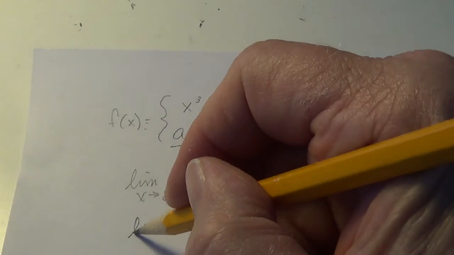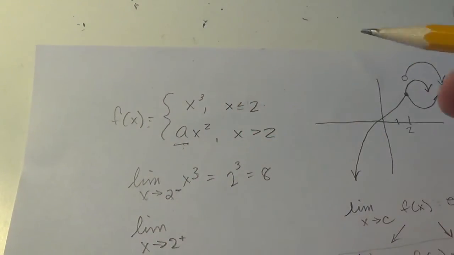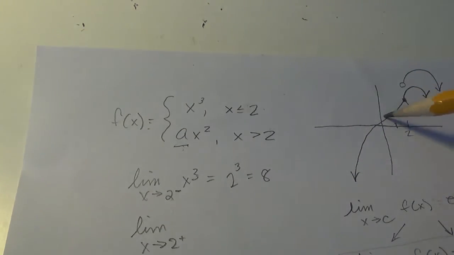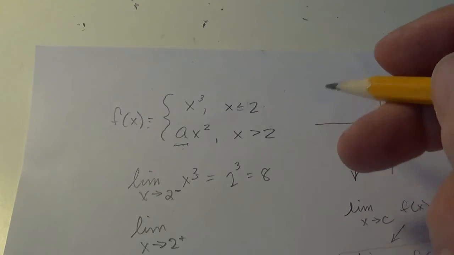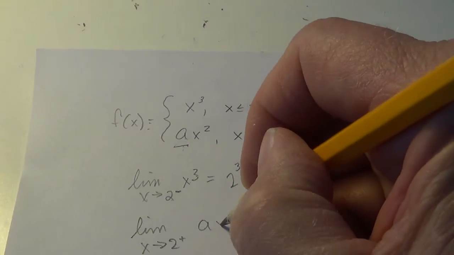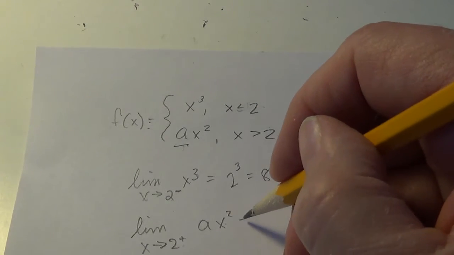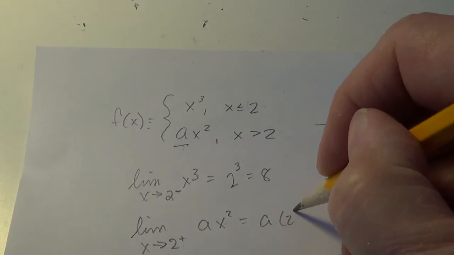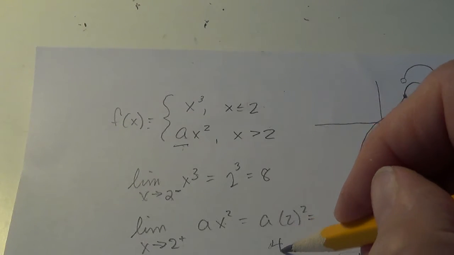Now we have to ensure that the limit is the same from the other side. So coming in from the right, the function is no longer defined with the cubic, but it's defined with ax squared. And when I put a 2 in for x, I get a times 2 squared, which is 4a.